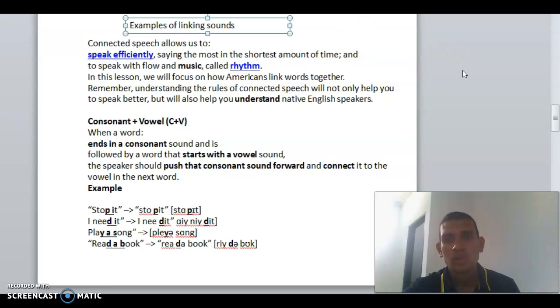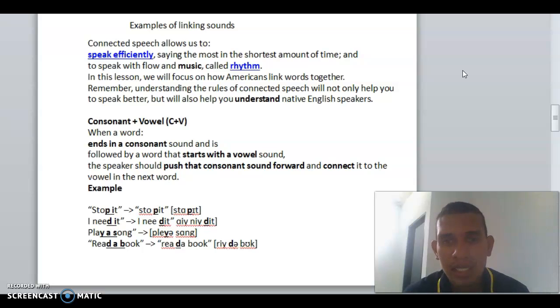Example for linking sounds. Connected speech allows us to speak efficiently, saying the most in the shortest amount of time, and to speak with flow and music for rhythm. In this lesson, we'll focus on how Americans link words together.